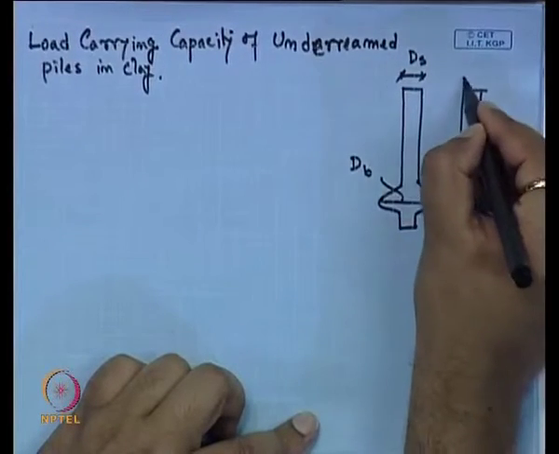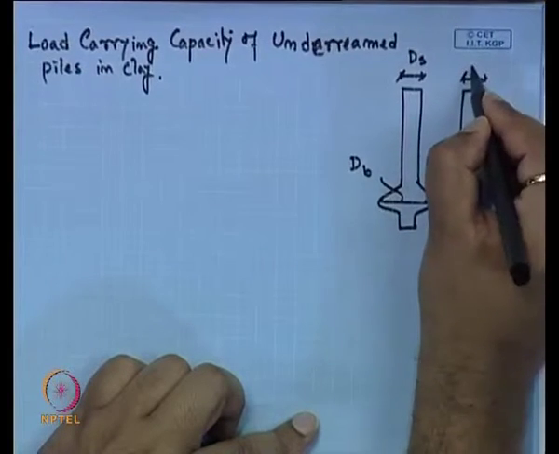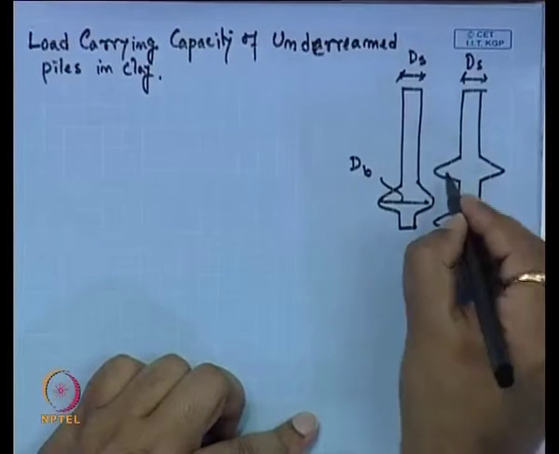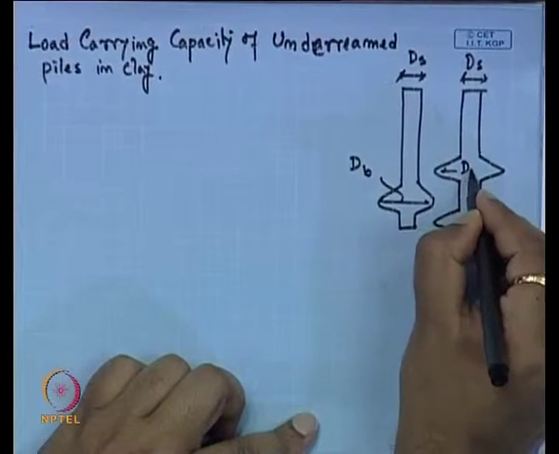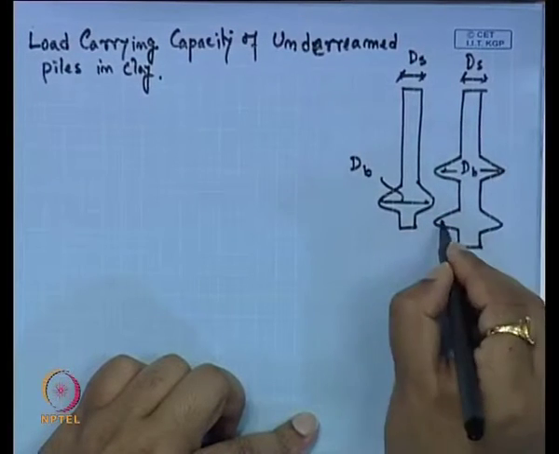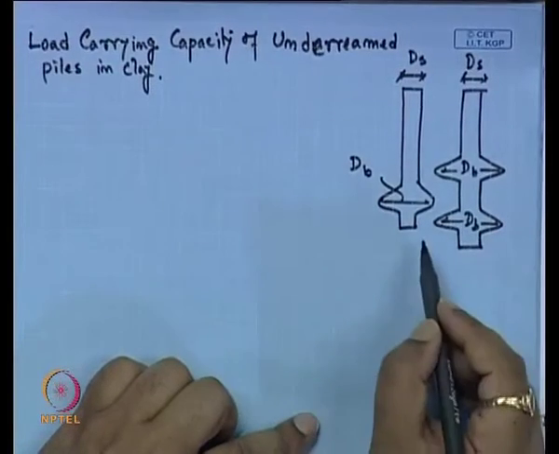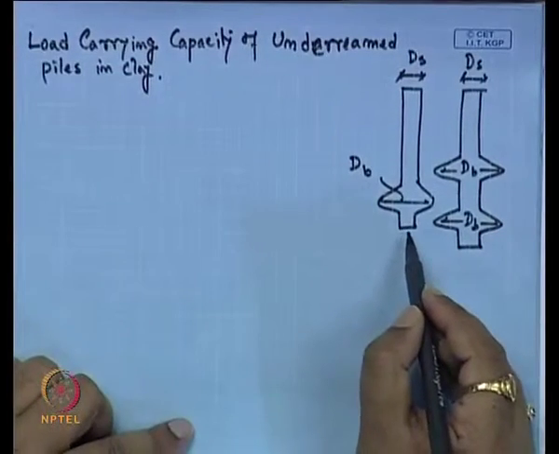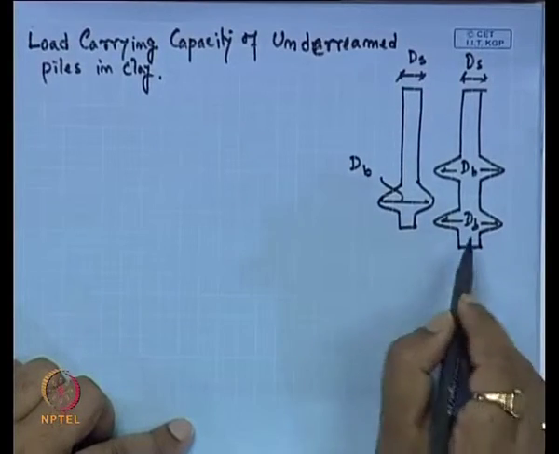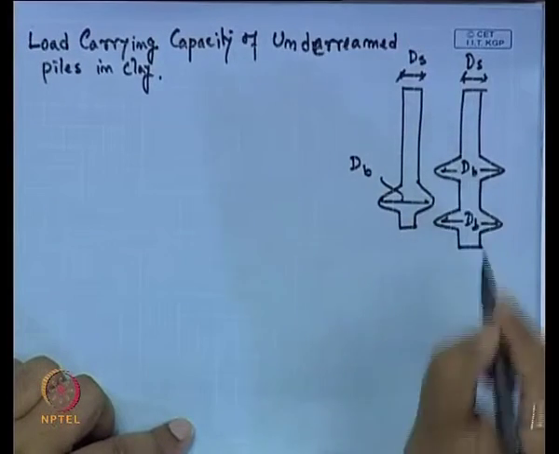Again this is the diameter of the pile shaft, this is the diameter of the bulb d B, and this is again the diameter of the bulb. So, this is a single bulb underreamed pile, and this is a double bulb underreamed pile.